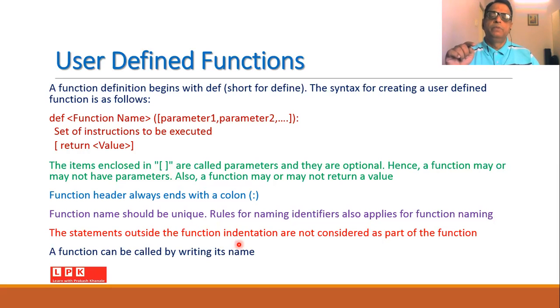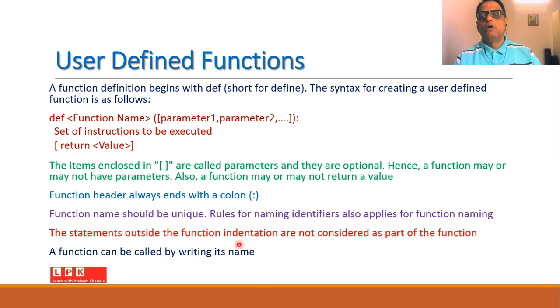In Python, indentation plays a very important role in determining the block of statements, so whenever you want to include a statement in a function, the indentation must be followed.